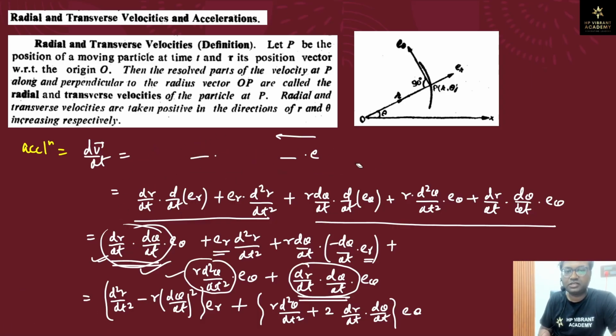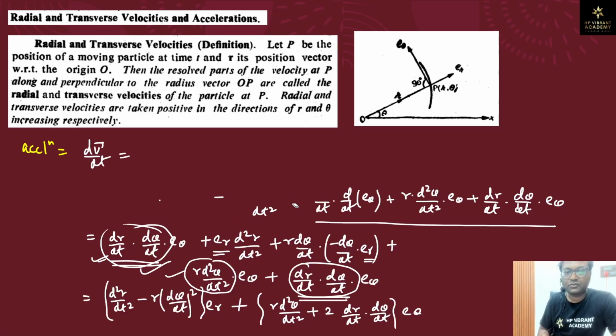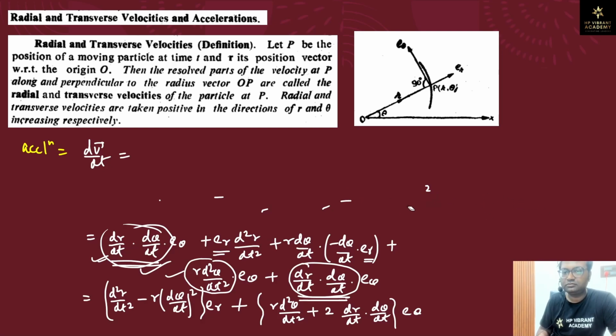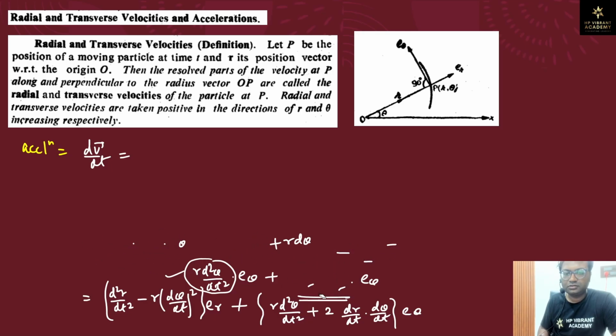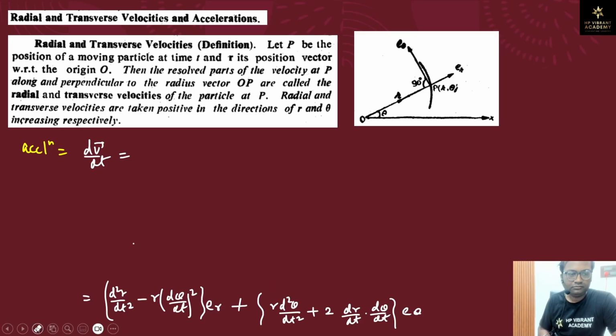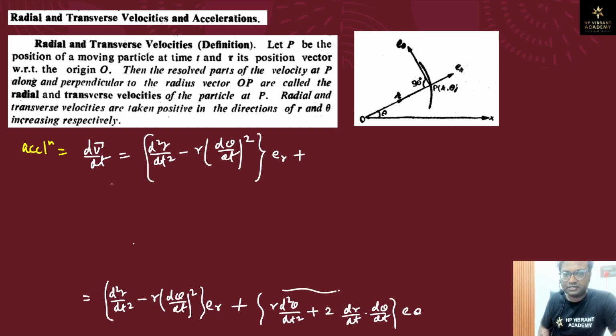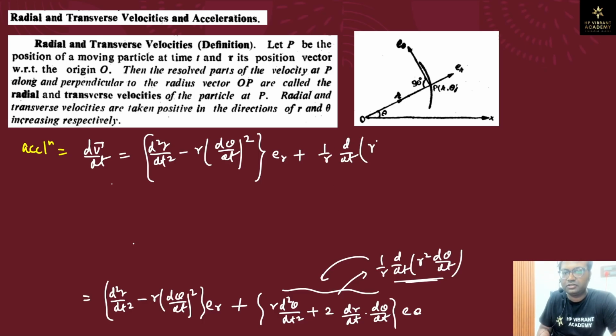So the acceleration we are getting is equal to d²r/dt² minus r (dθ/dt) whole squared, into e_r, plus we can write this as (1/r) d/dt of (r² dθ/dt), since if you differentiate this, we get this particular expression, along the transverse direction.